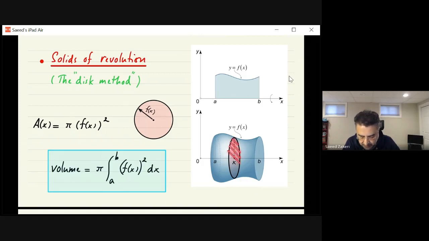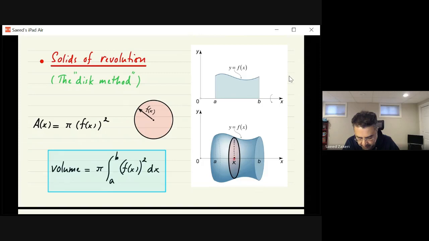In order to compute the volume, all I have to do is figure out the area of a typical cross-section made above some point x. If I cut this solid of revolution at some x, what I see is, in this perspective view, something that looks like an ellipse, but really it is a round circle whose radius is f of x.